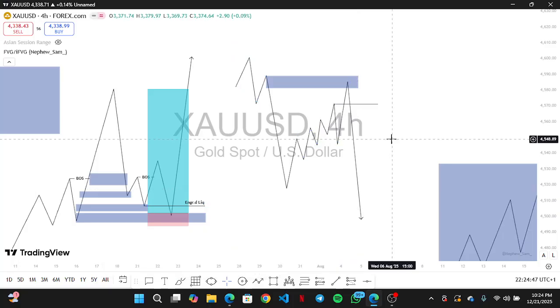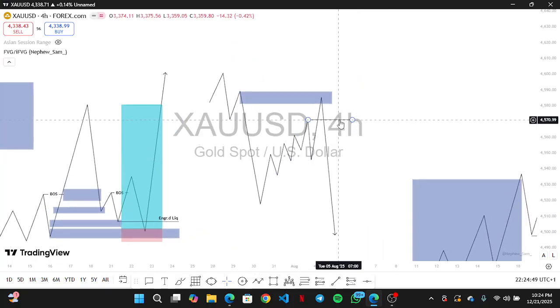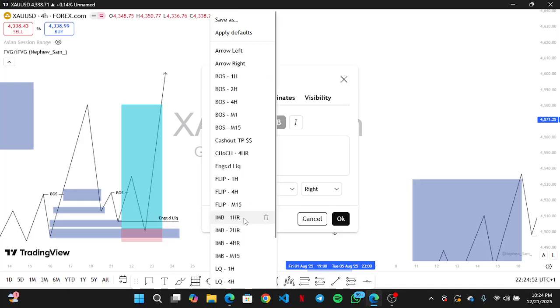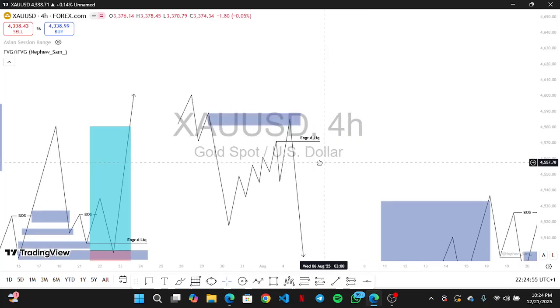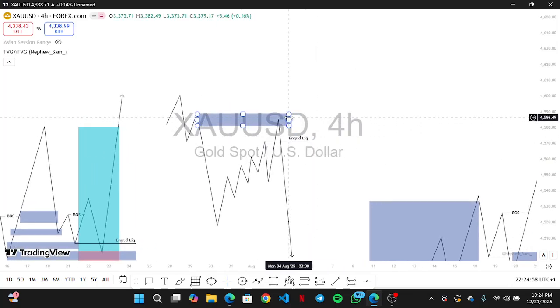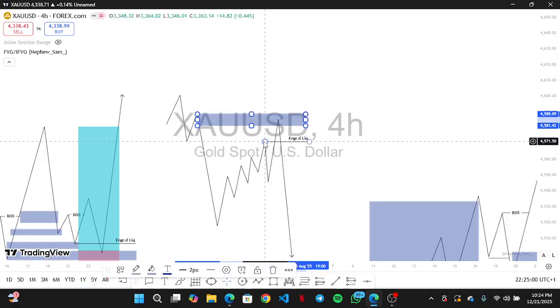Okay. So now let me say this one's engineered liquidity. So this is an engineered liquidity here, meaning this high here will serve as a trap for people to get out of, and then us to enter the market and sell from.